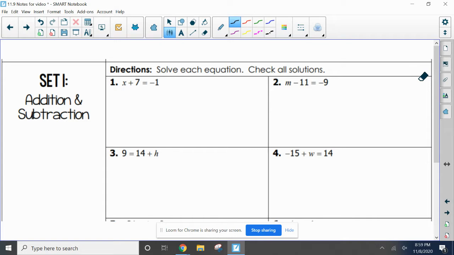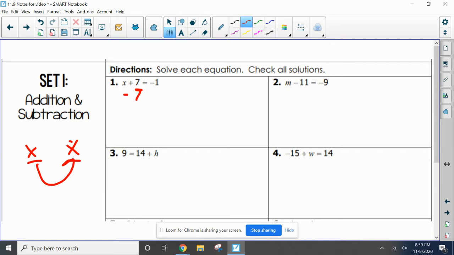On this one, I have addition. We just determined that my inverse of addition is subtraction. So in order to get that plus 7 away from the x, I'm going to subtract 7. But equations are like a balance scale. It's easier for me to show you, but if you have a balance scale, I have a set weight here and a set weight here.